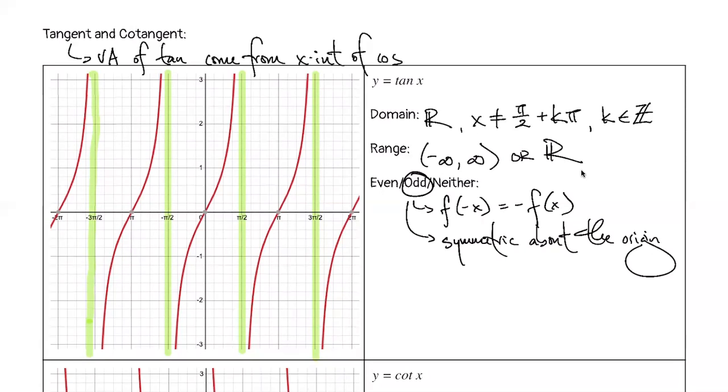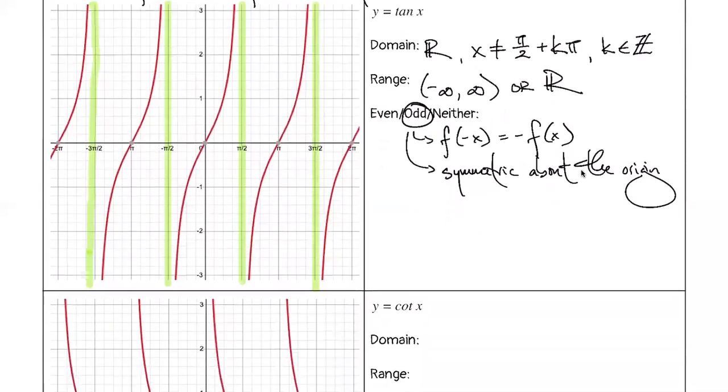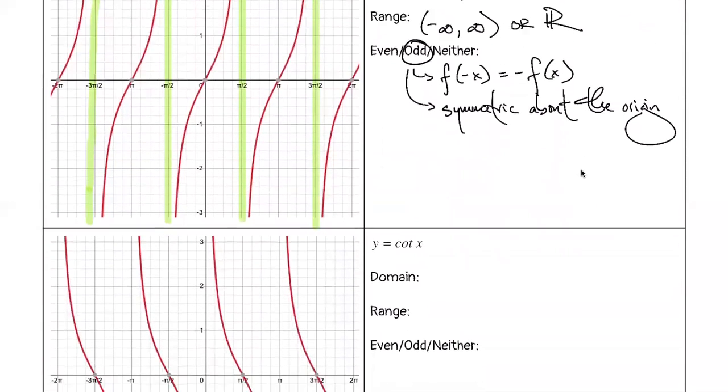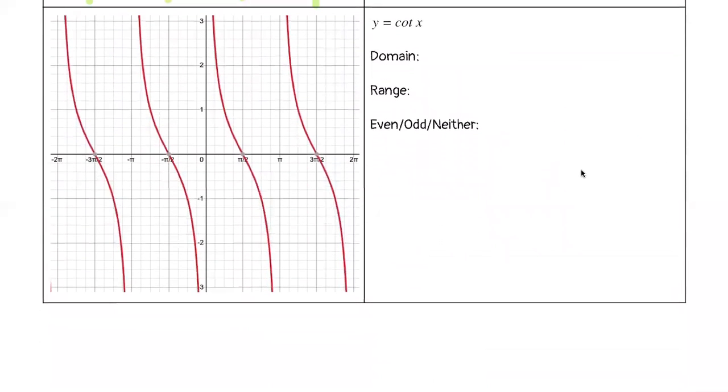All right, so let's use this graph to think about how we might be able to come up with the graph of cotangent, okay? So if we think about the relationship between tangent and cotangent, we know that cotangent is 1 over tangent. That's one way to think about it, okay?